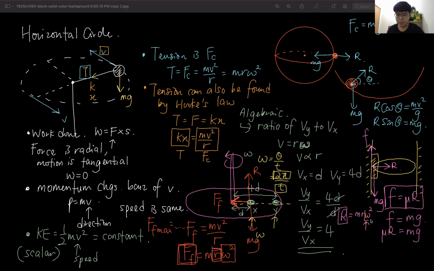Here I want to increase the angular velocity to increase the reaction and to increase the friction, so that the friction balances with the weight and it is able to move in a circle, so it won't fall off. How do I increase the angular velocity? I spin the drum faster.